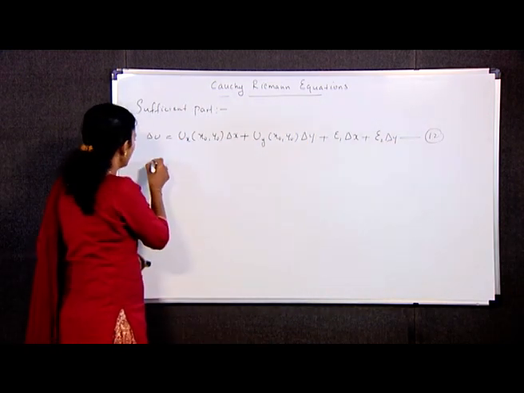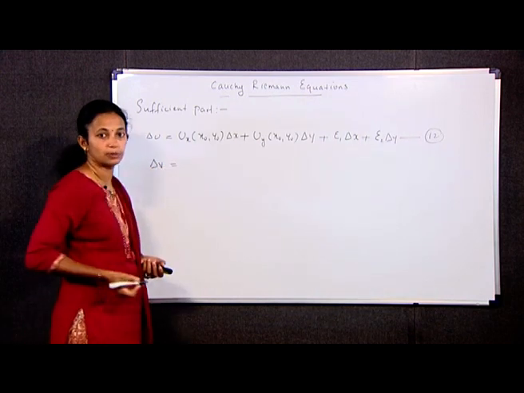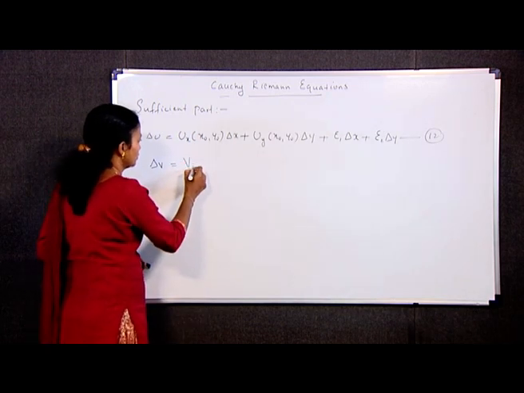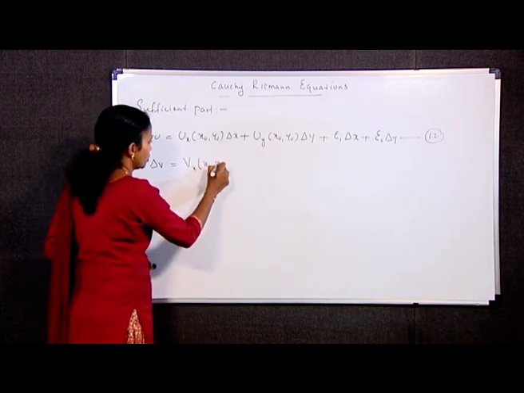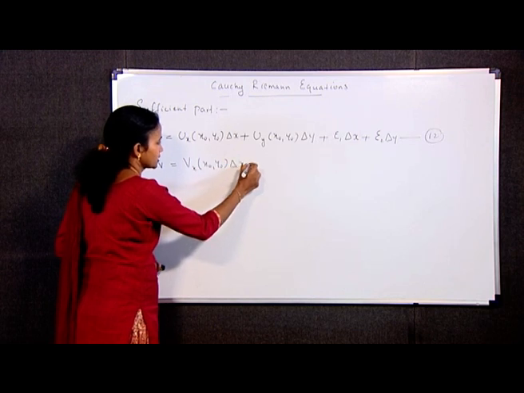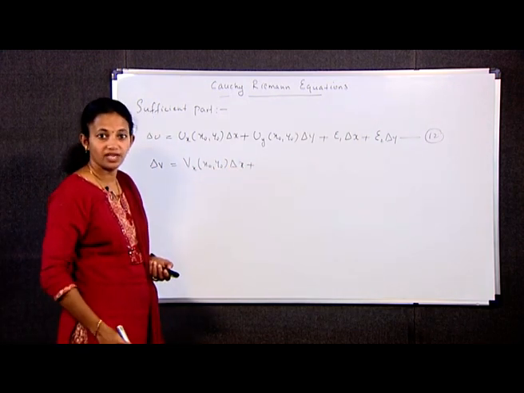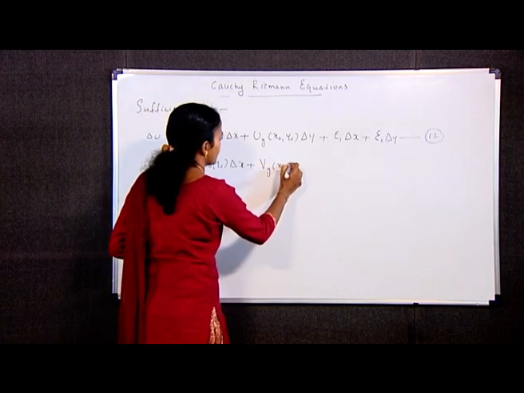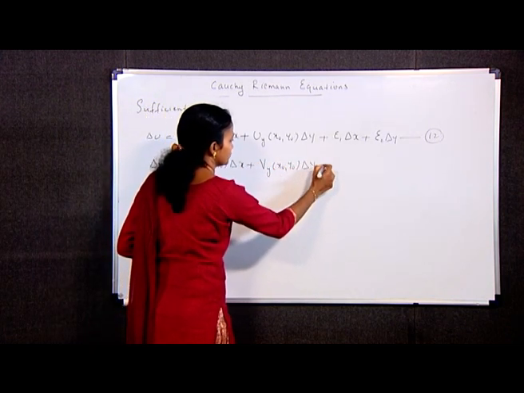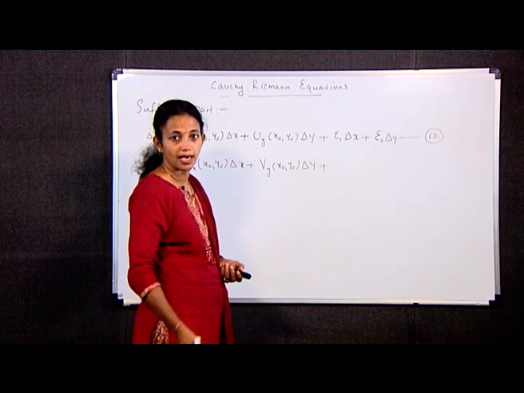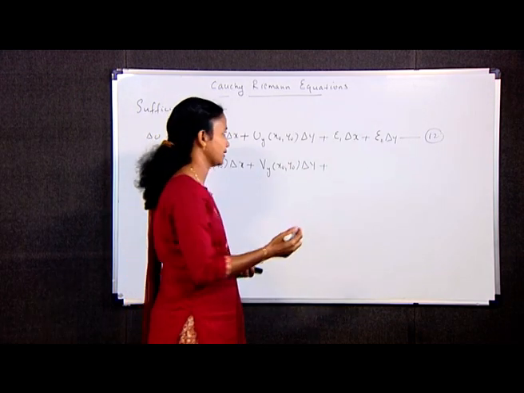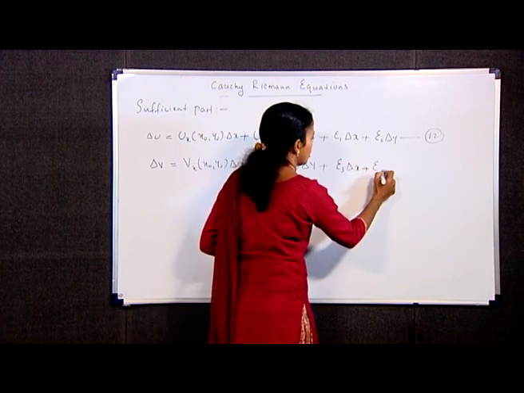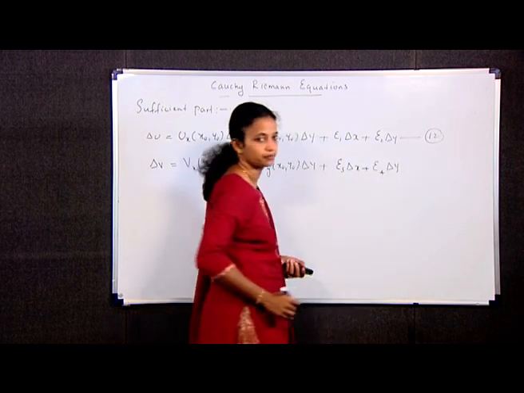And similarly we have delta v is equal to vx(x0, y0) into delta x plus vy(x0, y0) into delta y plus epsilon 3 into delta x plus epsilon 4 into delta y.